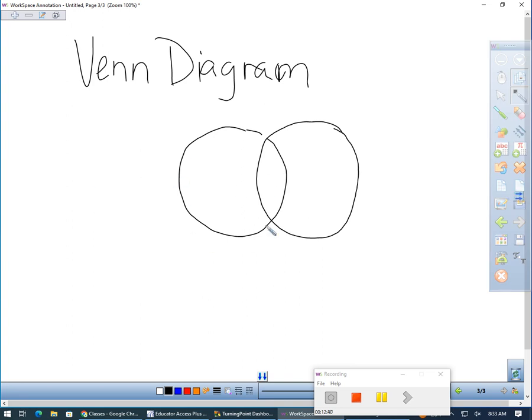This first circle would represent set A. The second circle would represent set B. This in the middle would represent the intersection of the two, or A intersect B. So in the middle is all the ones they have in common. All right?